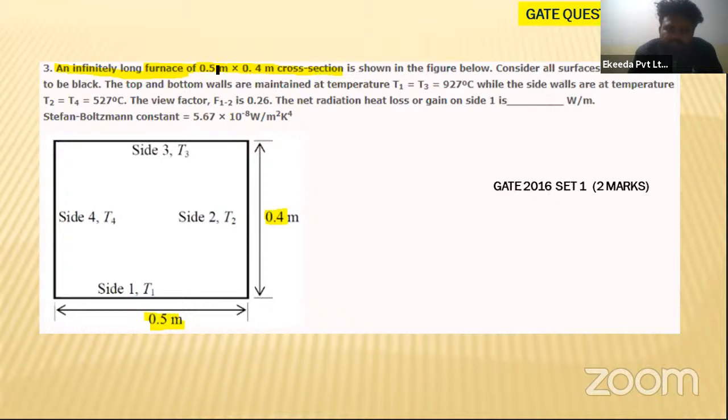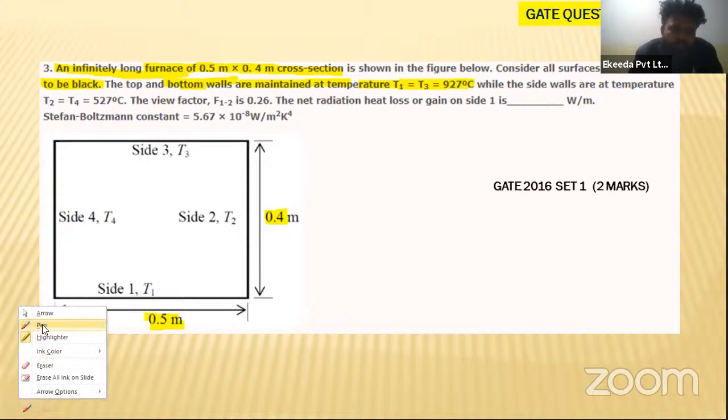Consider all surfaces of the furnace to be black. So I have to take the absorptivity and emissivity equal to 1. Now the top and bottom walls are maintained at temperature T1, T3 is equal to 927 degrees Celsius. So top and bottom, T3 and T1, are maintained at the same temperature.